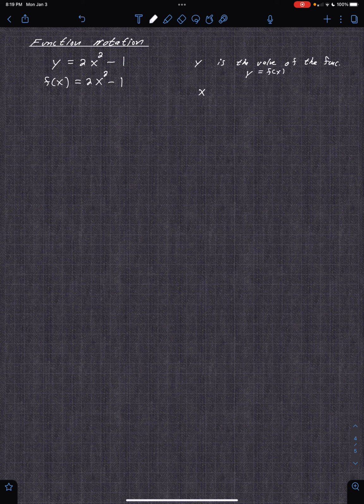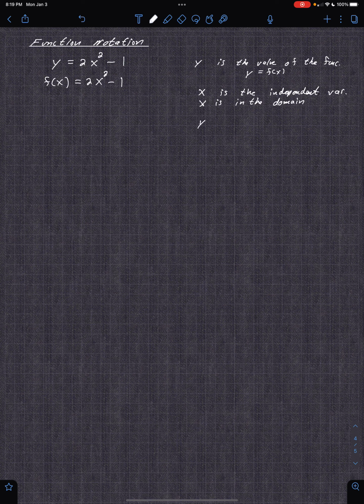So x is the independent variable. x is in the domain of the function.